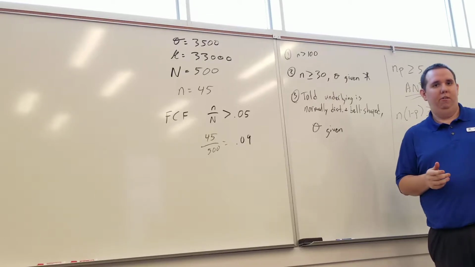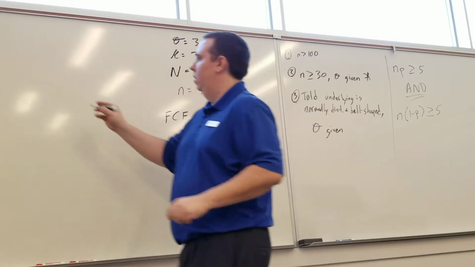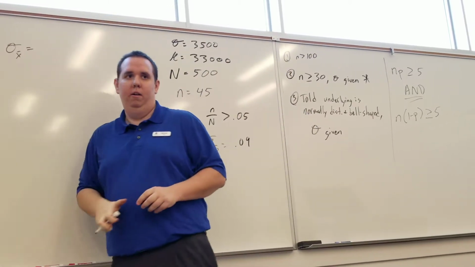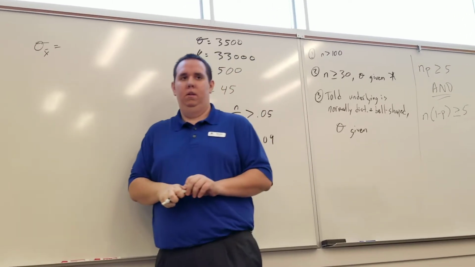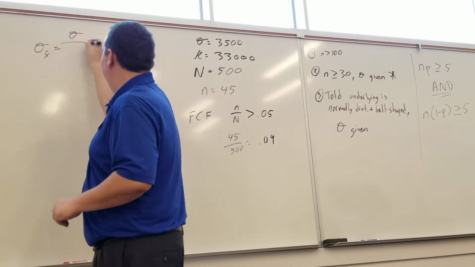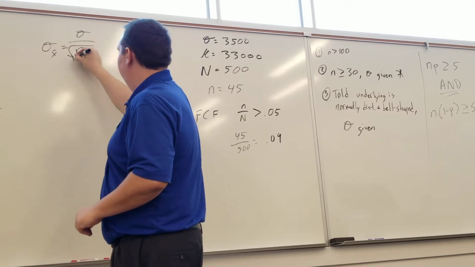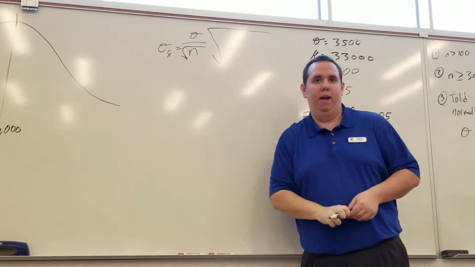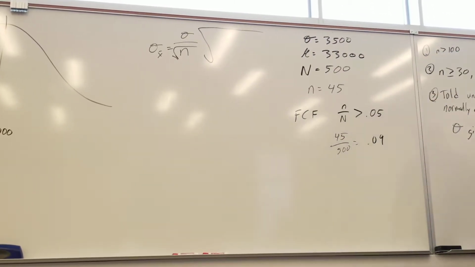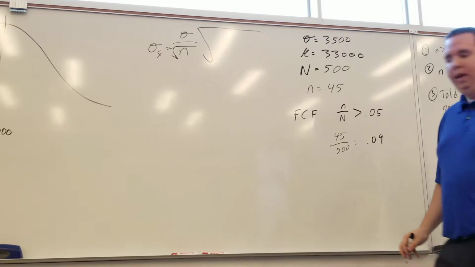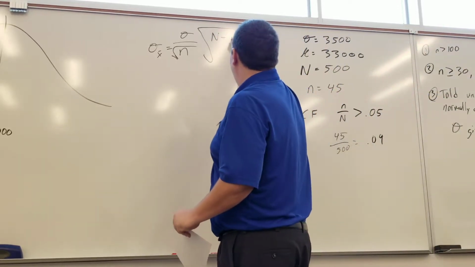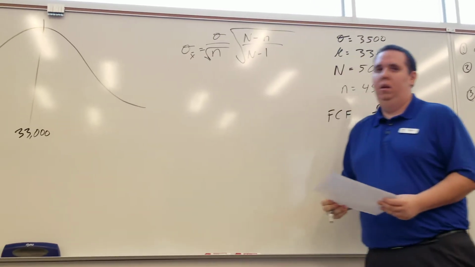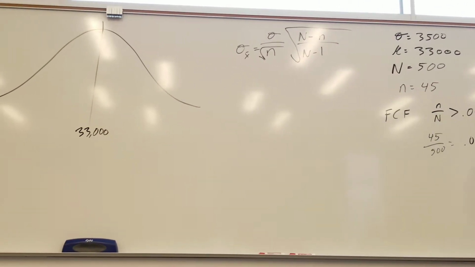Standard error, right? So what's our formula for standard error? Sigma divided by the square root of sample size, and then the finite correction factor, which is big N minus little n over big N minus 1, all under the square root.